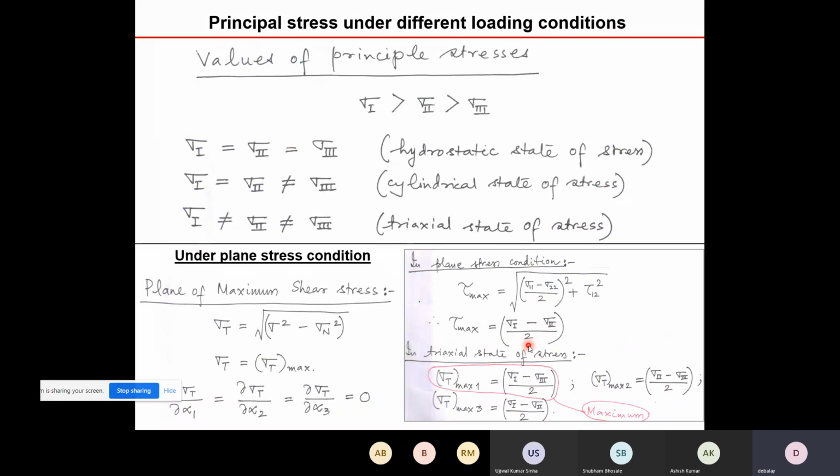This is a very important consideration, and it can also be derived that maximum shear stress planes will be inclined 45 degree with respect to your principal planes or principal directions.